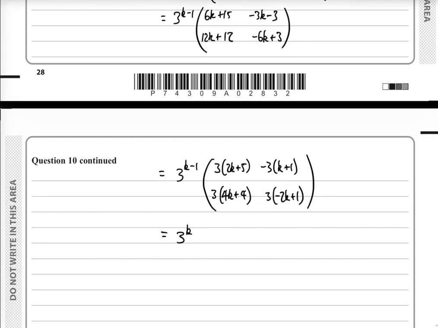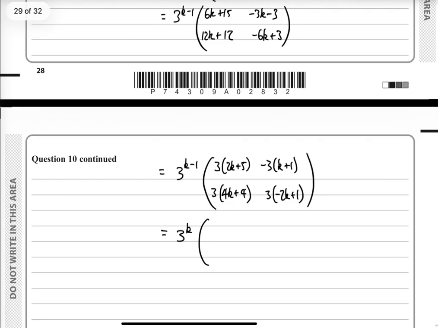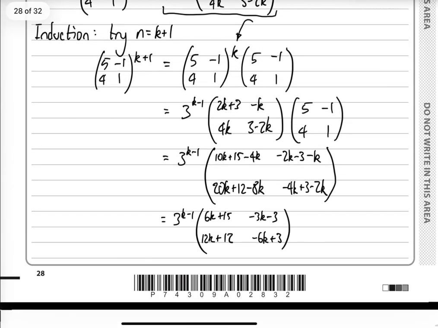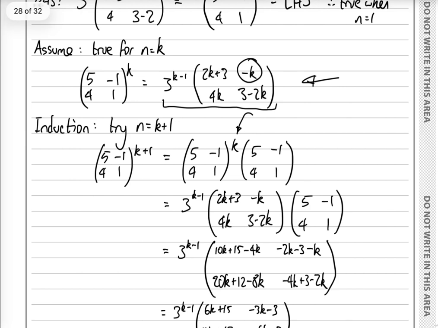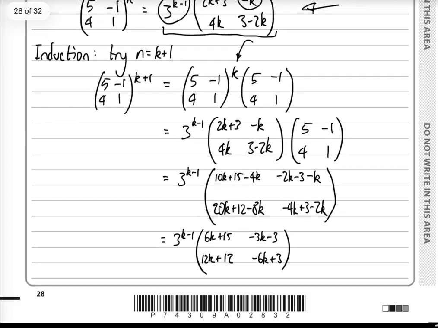And that doesn't look like a k plus 1 obviously, but that's a k plus 1 minus 1, so that is correct. And inside we've got 2k plus 5, minus k plus 1, which is correct, I think, to the minus k here. That one's okay, that one's correct now, so is this one.